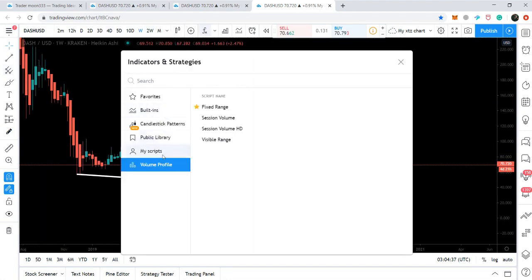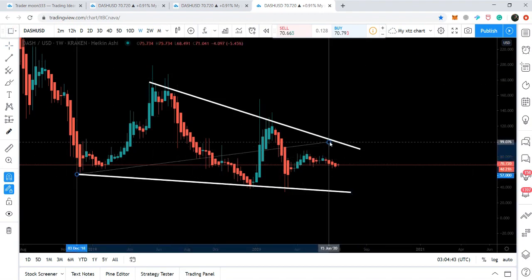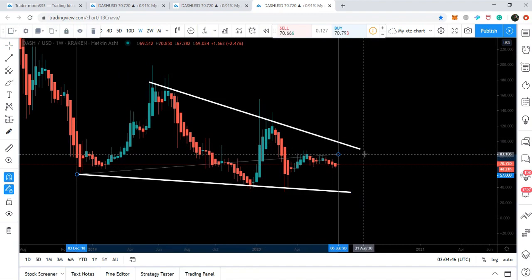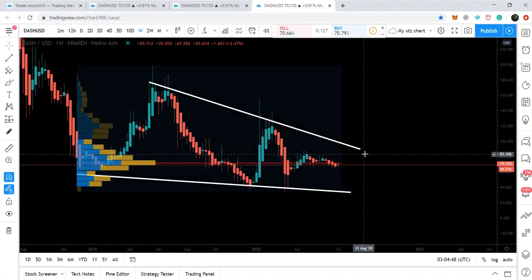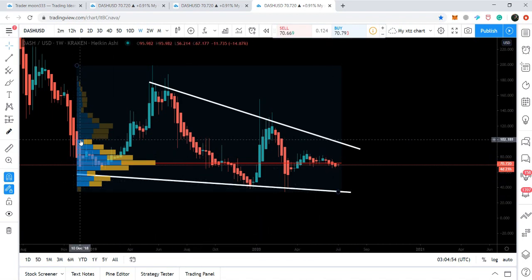This is the volume profile indicator that is really very useful to determine the traders' interest, at what level the traders are interested to trade and at what level they are not. For example, we can see that the traders are interested up to this level, that is almost $102. And from the downside, they are interested to trade up to almost $42.